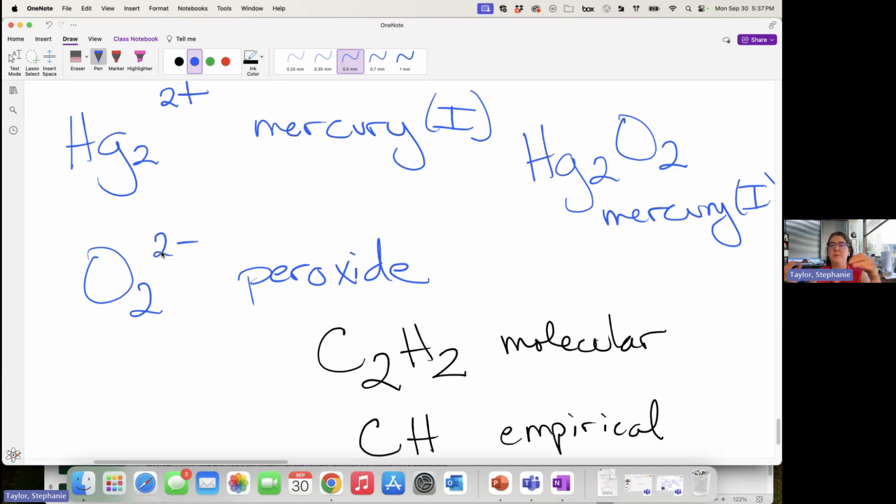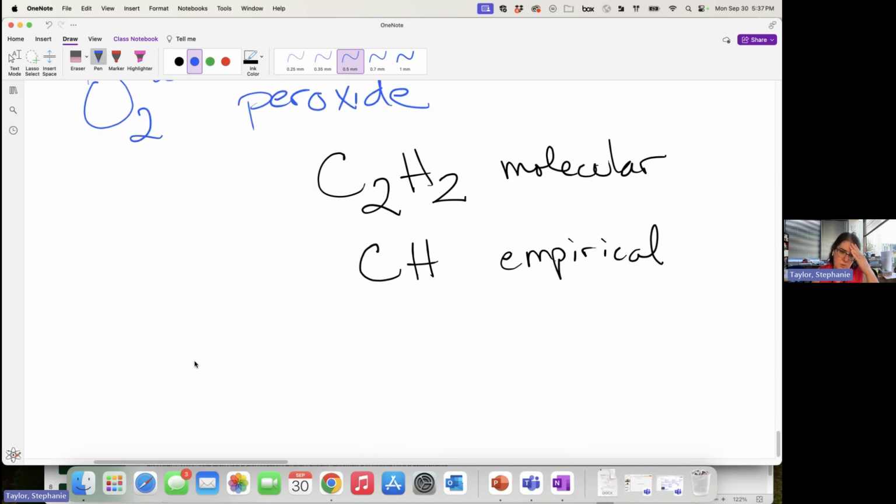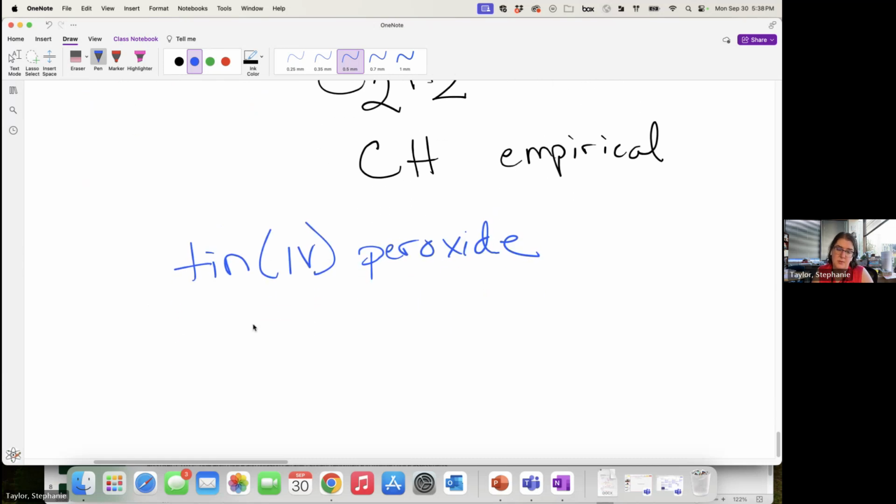However, mercury 1 is always Hg2, always. Peroxide is always O2, always. So I know it will look weird, but let's say we were doing tin for peroxide. So that's tin with a +4 charge and then peroxide with a -2 charge.